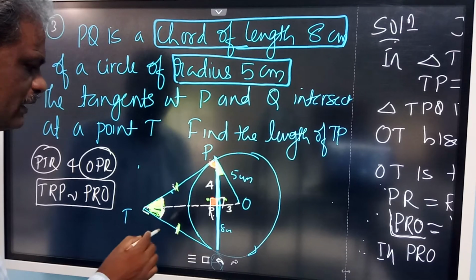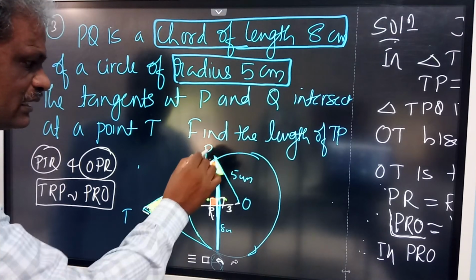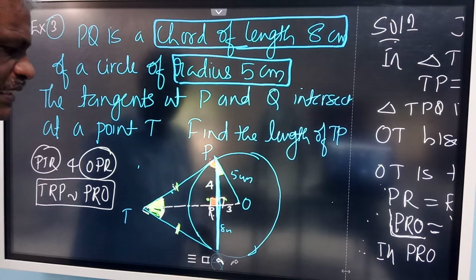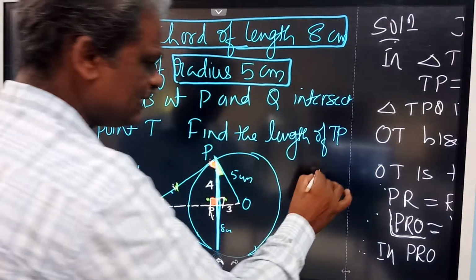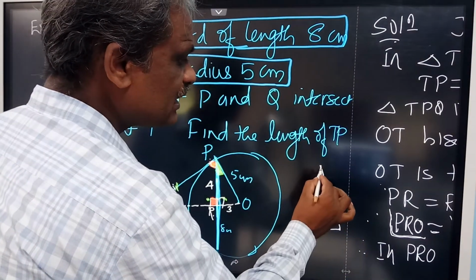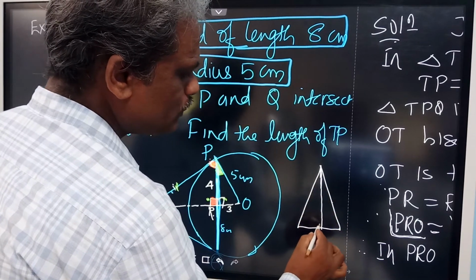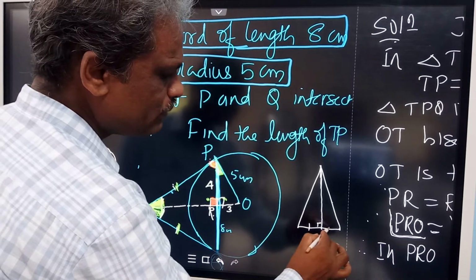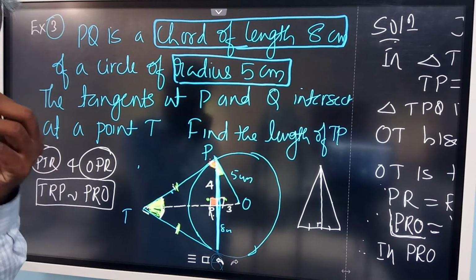If OT is the bisector of this angle, it will divide the base into two equal parts. So this PR and RQ will be equal. As I said, suppose this is an isosceles triangle, the bisector of this vertex angle is always perpendicular to the base and bisects the base, that you studied in the congruence of triangles chapter.